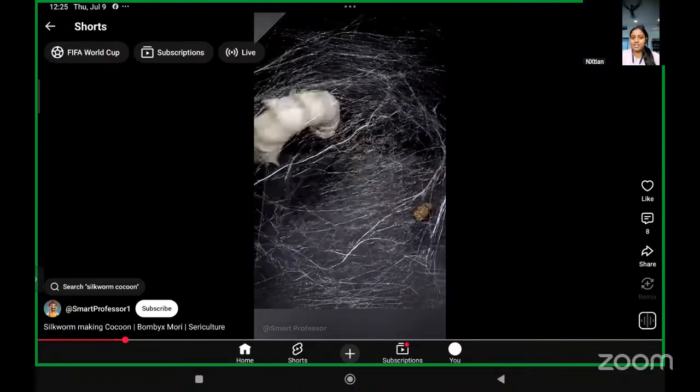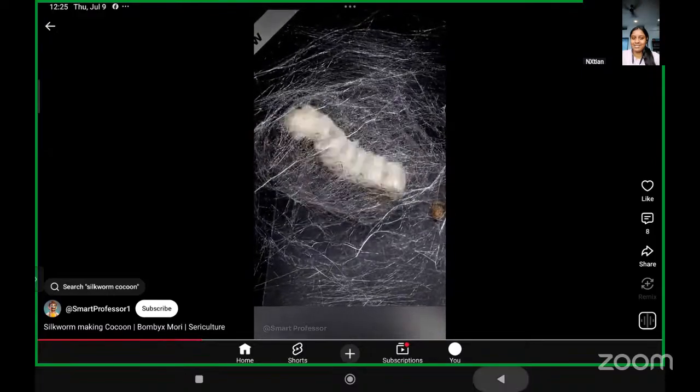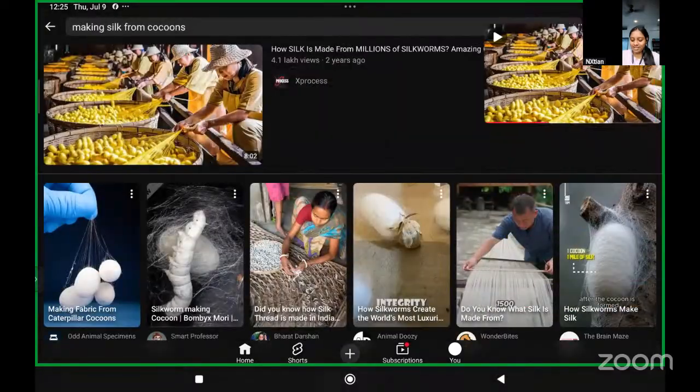Can you see how it is spinning and making a cocoon? Almost like dancing inside to make a cocoon. Spinning.